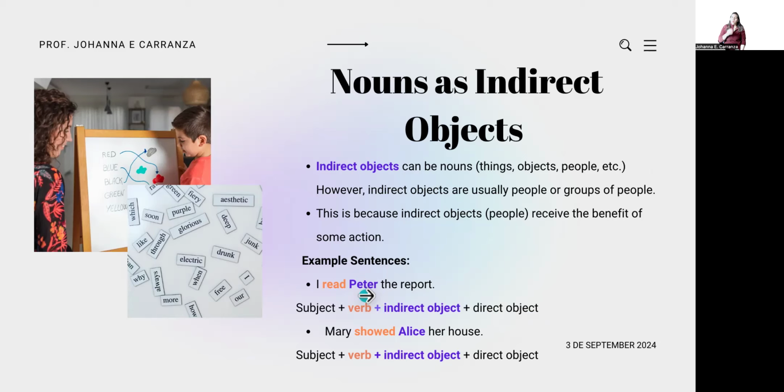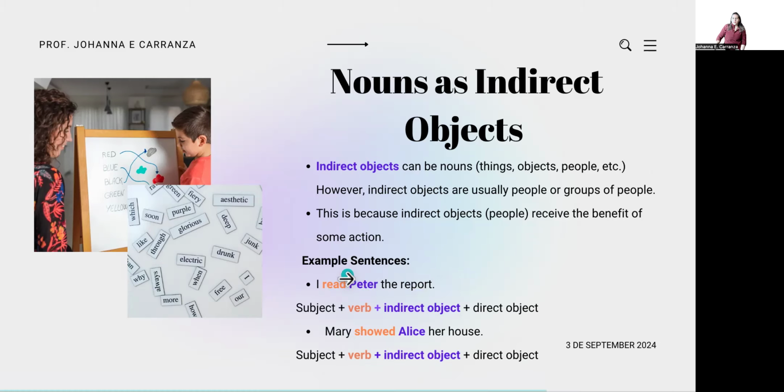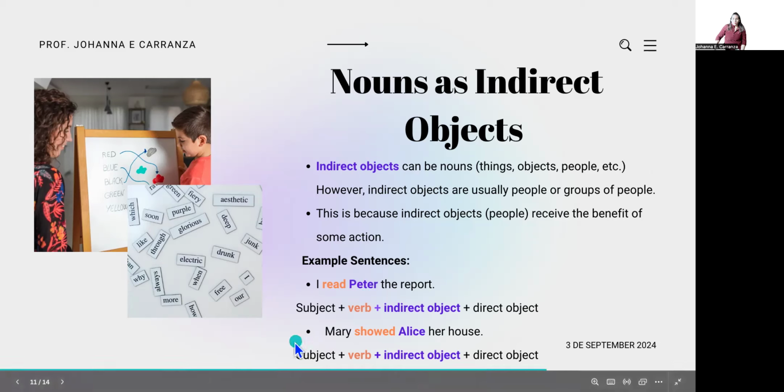So you can see Peter is a person, and he's the indirect object. If we go back to who's receiving the benefit, it is received by Peter, because he's getting the report to be read to him. Now the second sentence is Mary showed Alice her house.